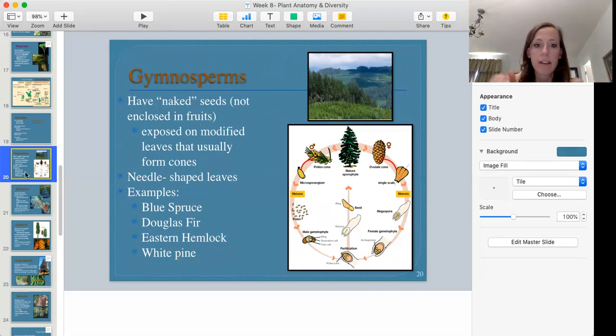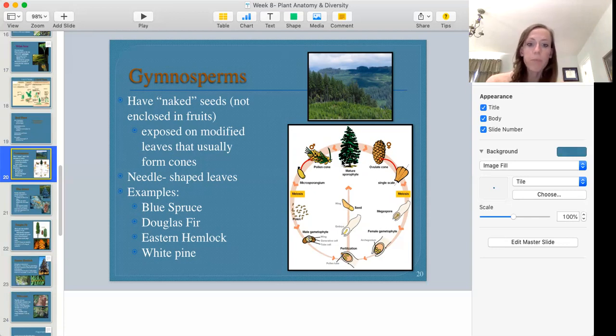Gymnosperms have naked seeds. They're usually held within the scales of a cone, such as you'll see on our evergreen trees. So you look on the evergreen trees, you often see the pine cones or other cones, and within those is where you're going to have the developing parts that will form the seed ultimately.